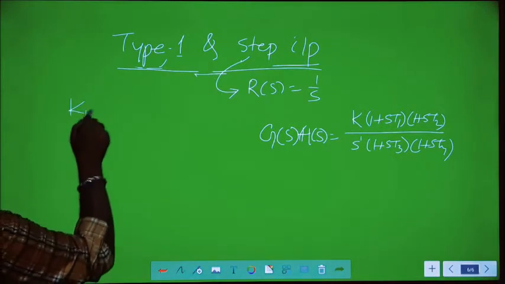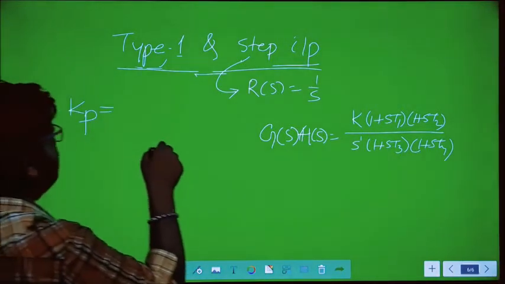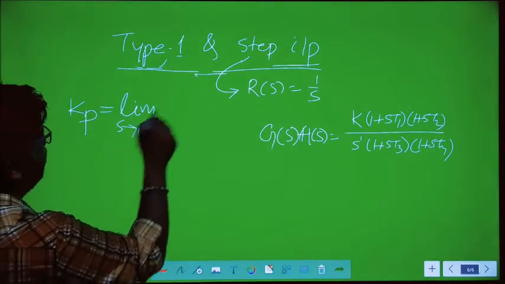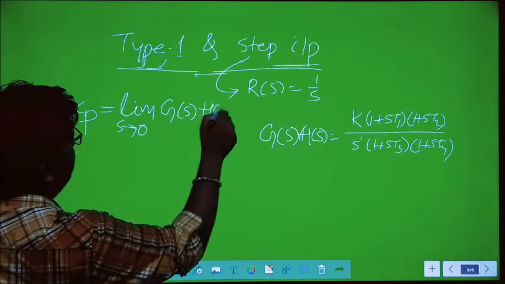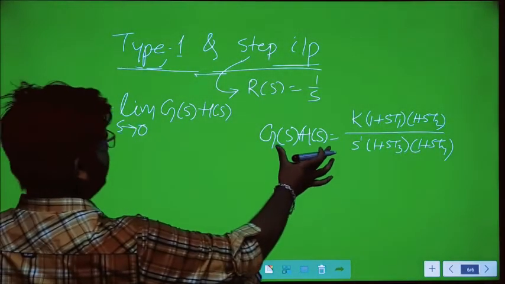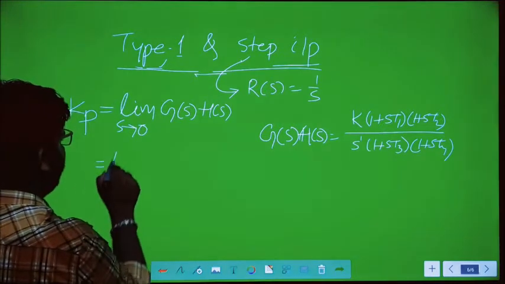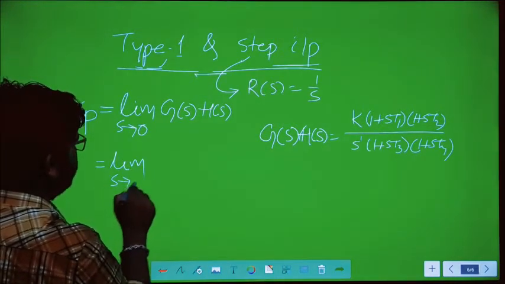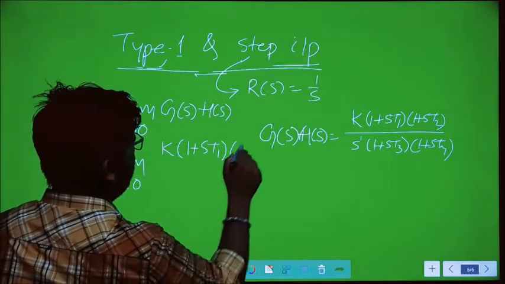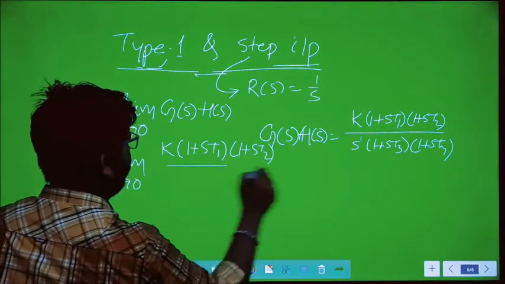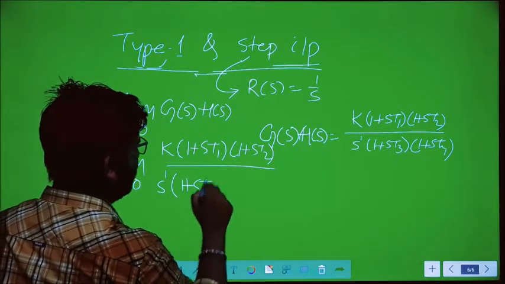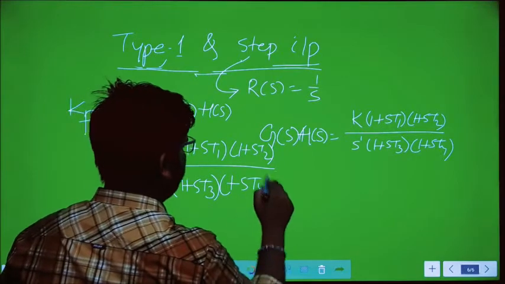It will be the positional error constant Kp, whose formula we saw in the last video, that is limit S tends to 0 of G of S into H of S. Very easy formula, and once you apply this G of S into H of S, we get limit S tends to 0 of K into 1 plus ST1 into 1 plus ST2, divided by S to the power 1 into 1 plus ST3 into 1 plus ST4.